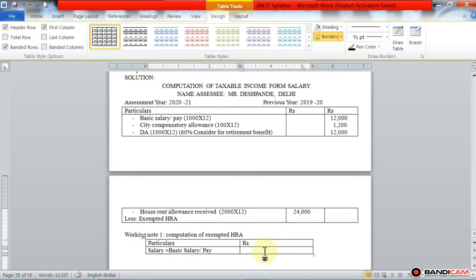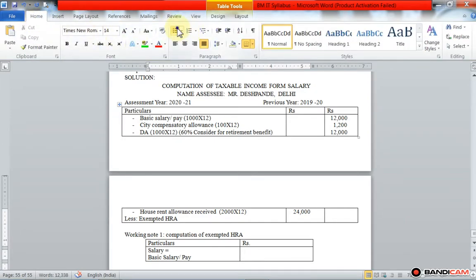Here basic pay is rupees 12,000, plus we add DA considered for retirement benefit.